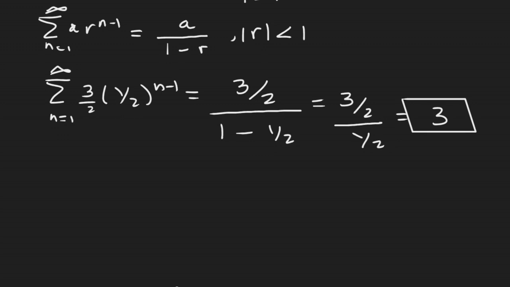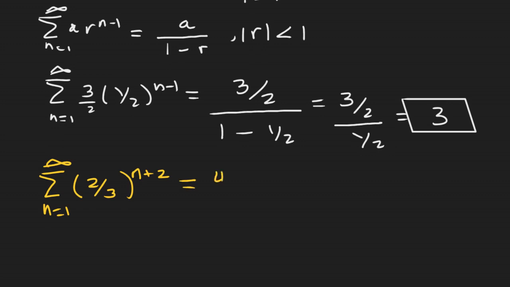But one thing that becomes interesting is, what if you had n equals 1 to infinity, but you had something like 2/3 raised to the n plus 2. Well, in this case, if you were to expand it, what would that be?